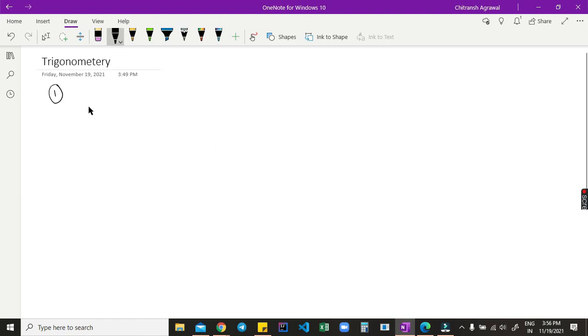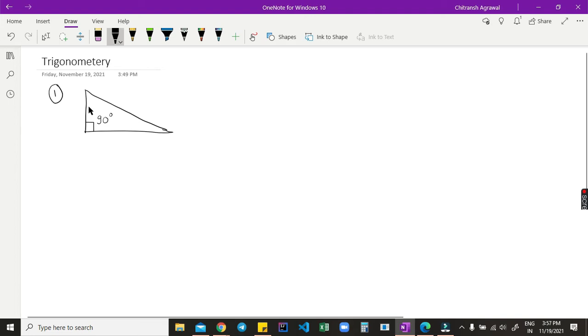So when trigonometry comes, the first thing which should come to mind is a right angle triangle. Now what is a right angle triangle? A right angle triangle is something which has one of its angles as 90 degrees.